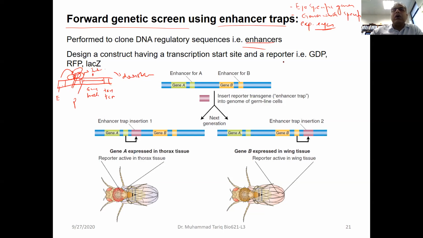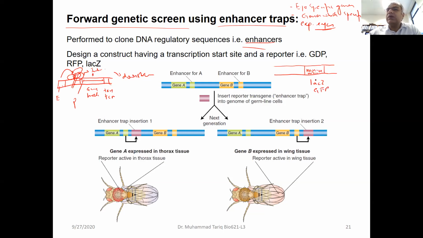The idea was that we will have a P element construct. Now, in this P element construct, let's say we stick with the mini-white gene, or we can think of the bacterial lacZ gene, or people have also used GFP.